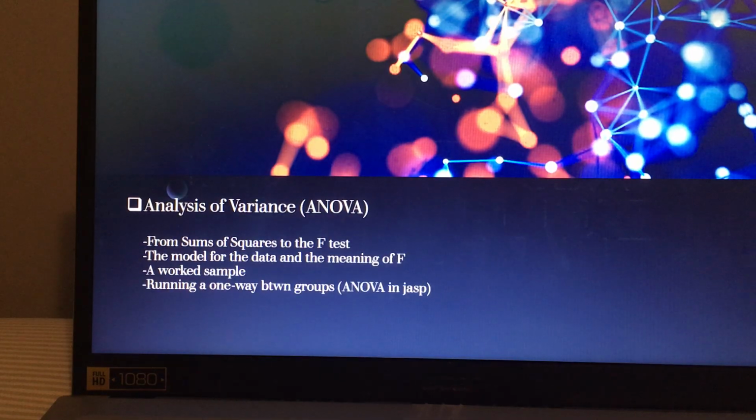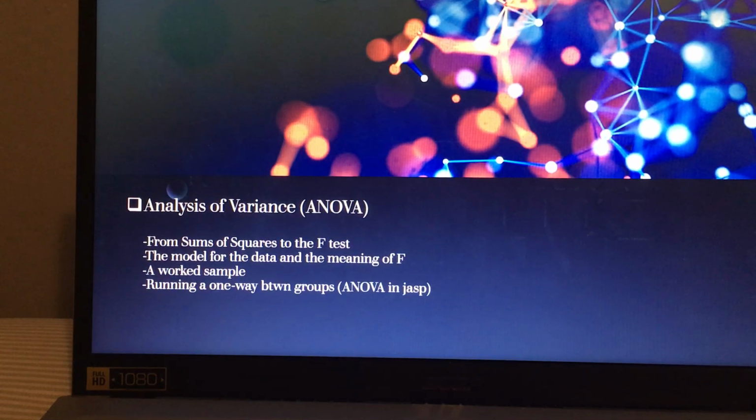For the degrees of freedom within groups, it will be N minus G, which is 18 minus 3, giving 15.